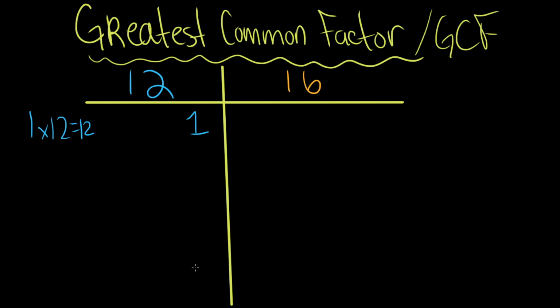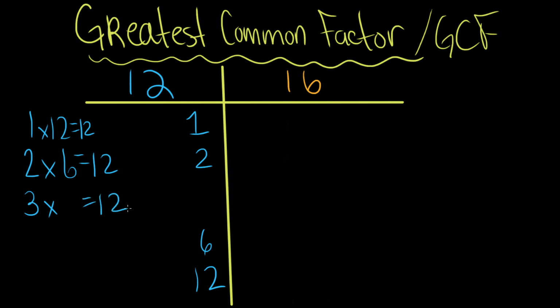So is 12. Does 2 multiply by anything to give us 12? Well, yeah. 2 times 6 is 12. So we know 2 and 6 are factors. Okay, let's go to 3. 3 times what is 12? Well, that's going to be 4. So we know 3 and 4 are factors.